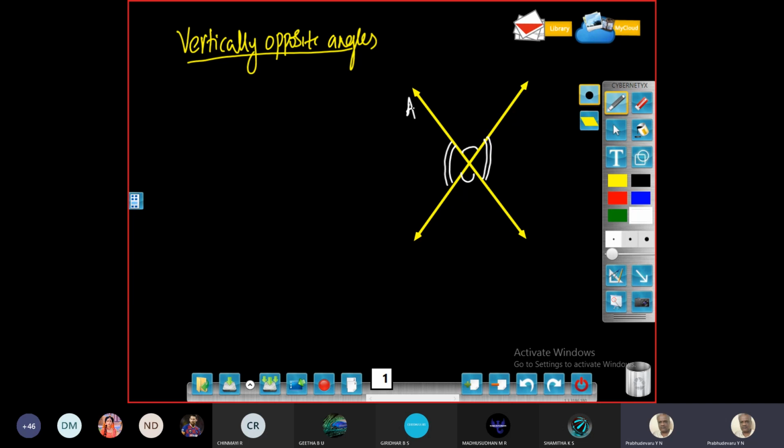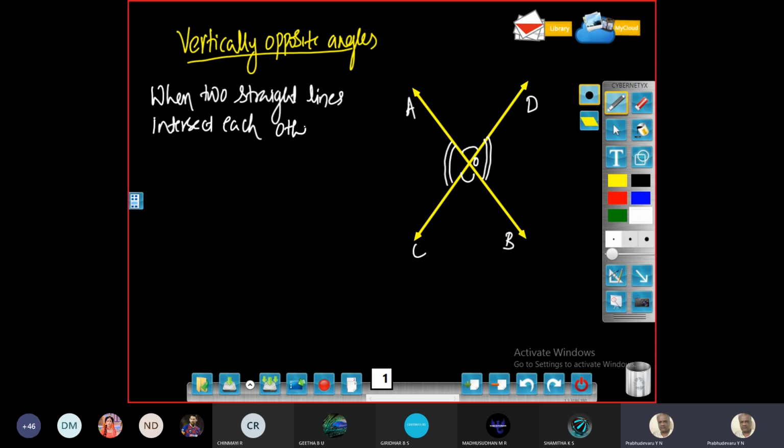We can call this A, B, this is C, D, intersecting at point O. So you can write: when two straight lines intersect each other, two pairs of equal angles are formed.